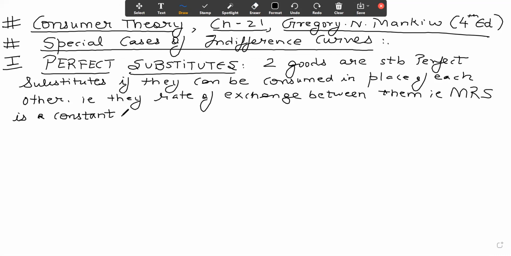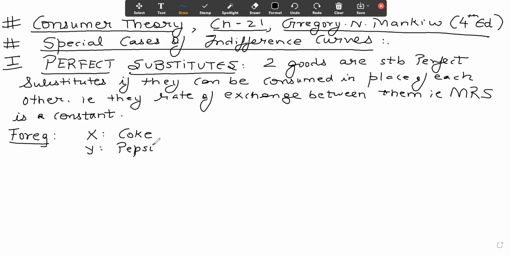Okay, so let me take an example. Suppose I have 2 commodities, X, suppose X stands for Coke, and suppose Y stands for Pepsi. Now, assuming that the consumer is not any brand follower, all the consumer wants is a soft drink.